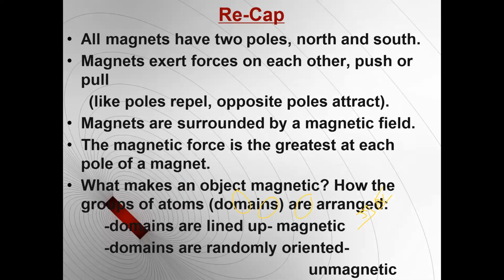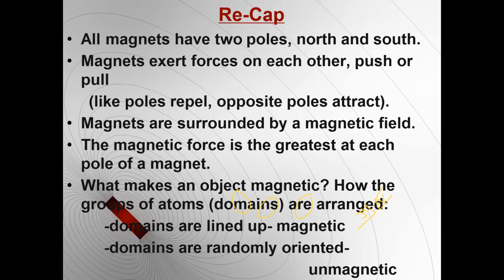So all magnets have two poles, north and south. Like poles repel, and opposite poles attract. They are surrounded by a field. Now, what makes objects have a high amount of magnetism? It depends on how the domains are arranged.